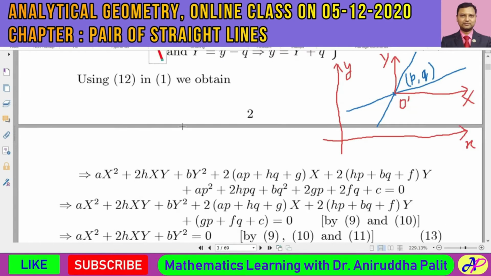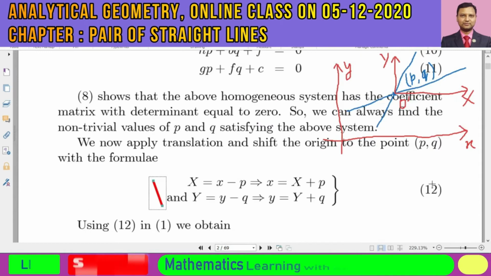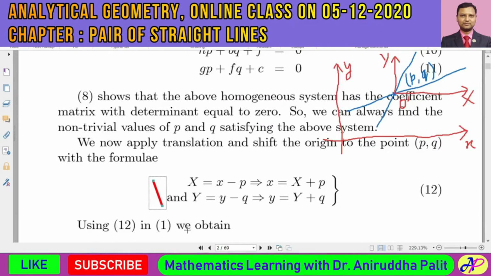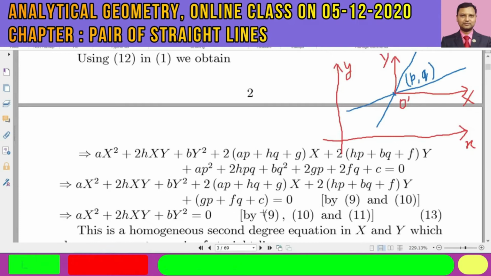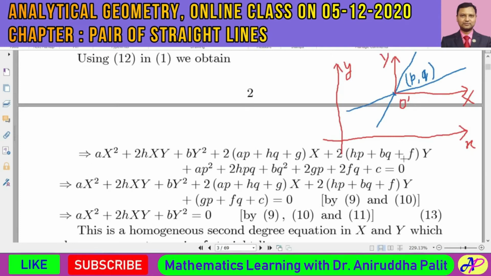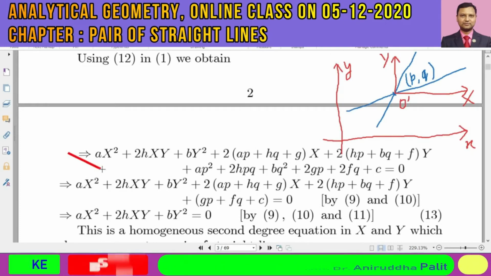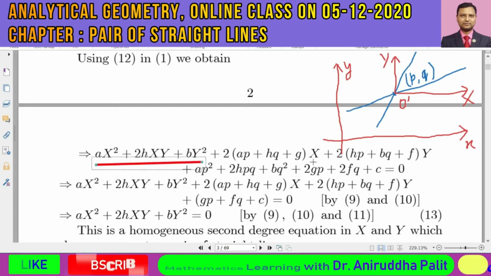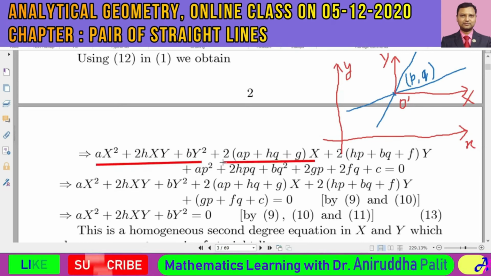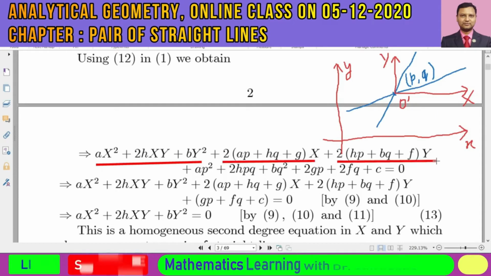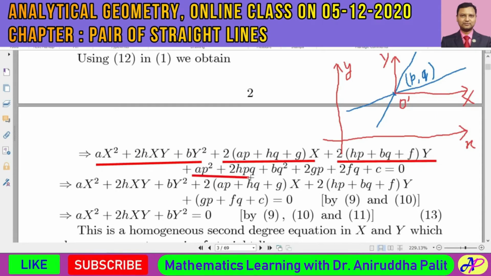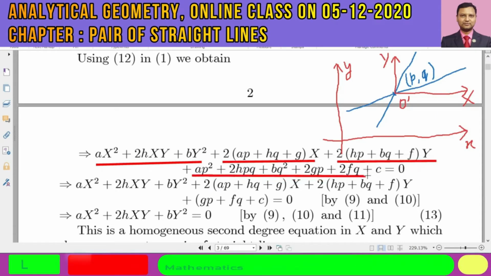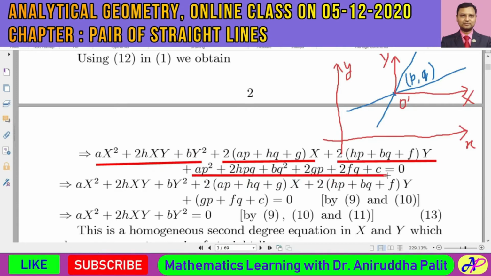You see, if we apply this equation number 12 in equation number 1, then we would again have a similar result to what we got in this line. So that is actually the purely second degree homogeneous expression, and similar to the previous one, we got the coefficient of x, we got the coefficient of y, and the remaining portion would be the constant term, and over here in place of alpha and beta we actually have small p and small q.